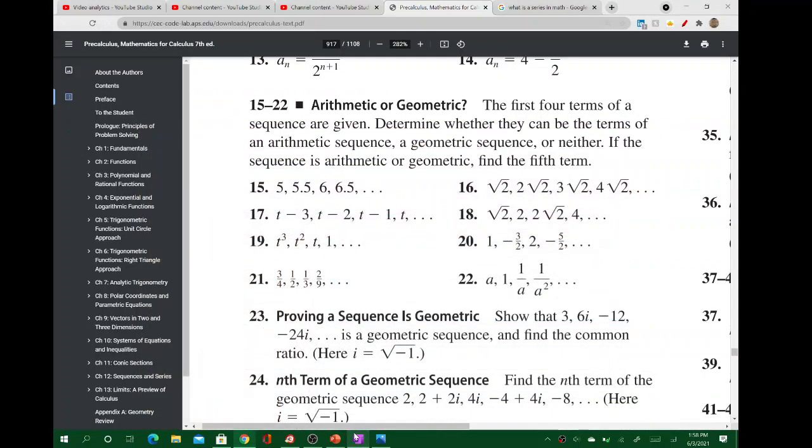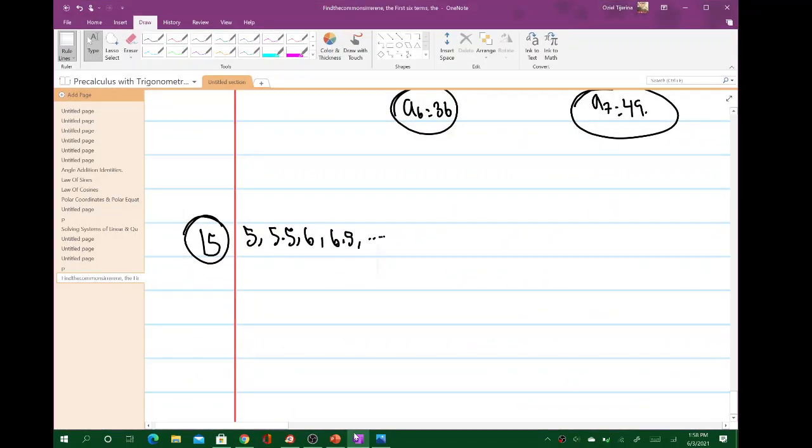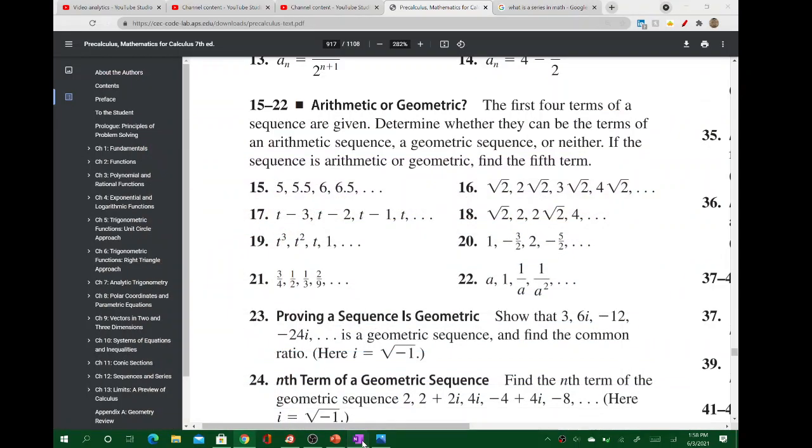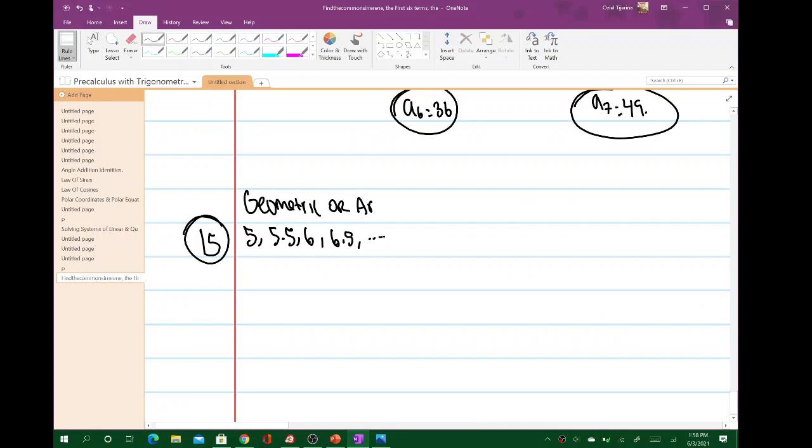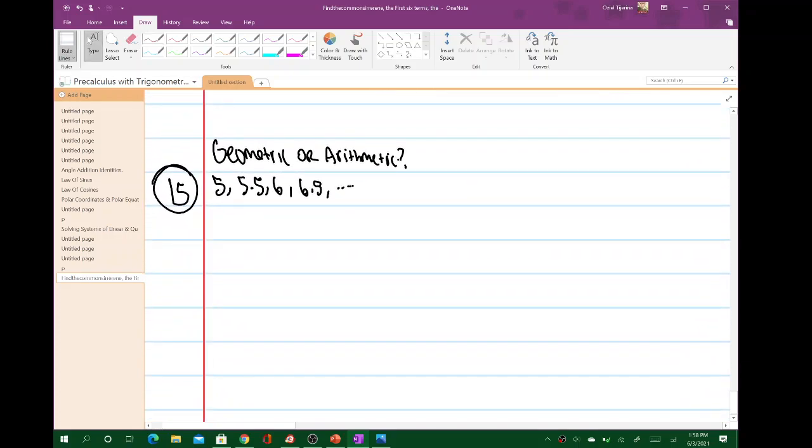And it wants us to know whether this is arithmetic or geometric. So basically, is this an arithmetic or a geometric sequence?